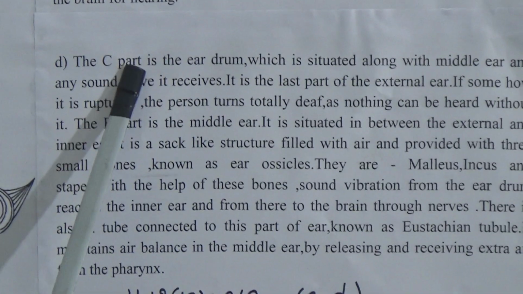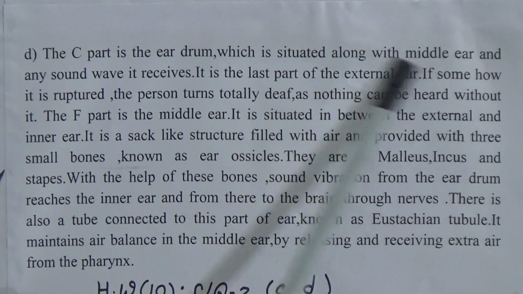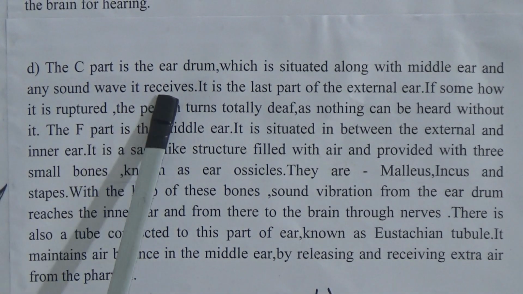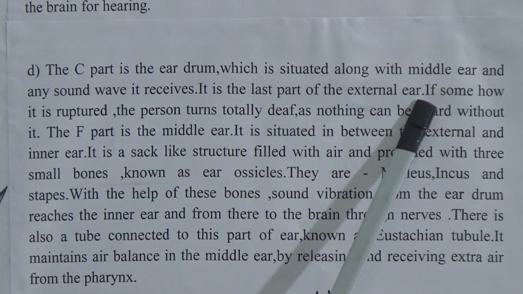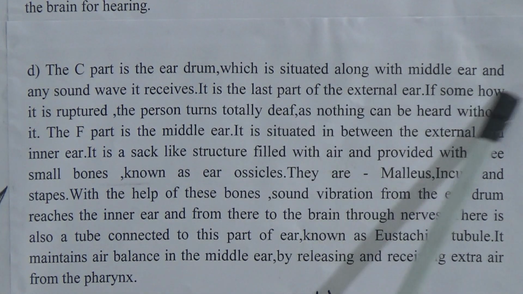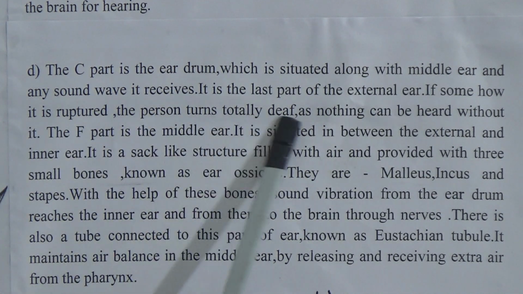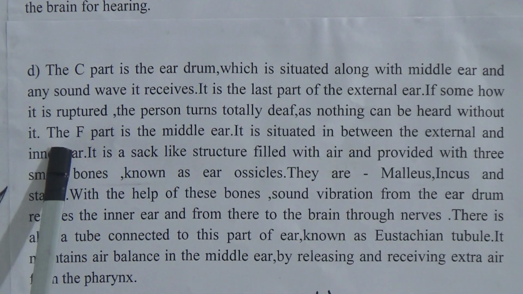The C part is the eardrum, which is situated next to the middle ear and receives any sound wave. It is the last part of the external ear. If somehow it is ruptured, the person becomes totally deaf, as nothing can be heard without it.